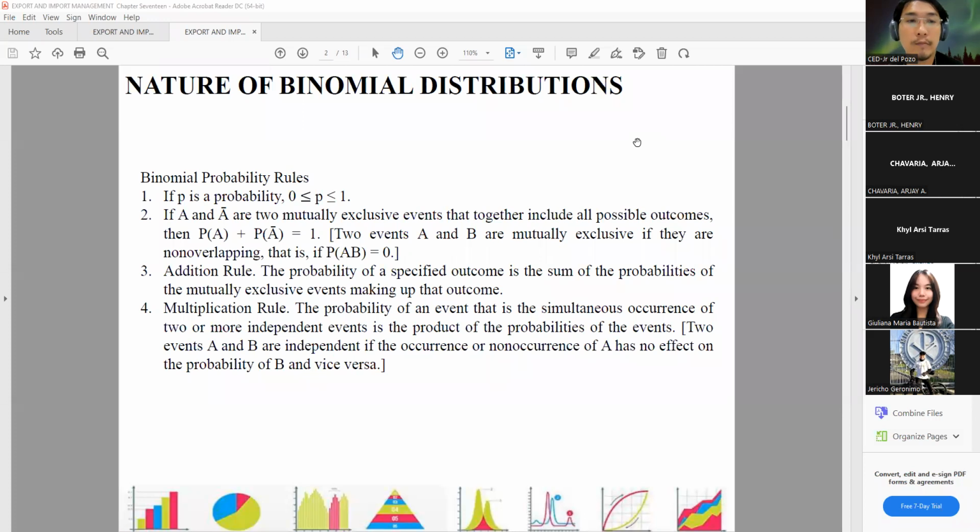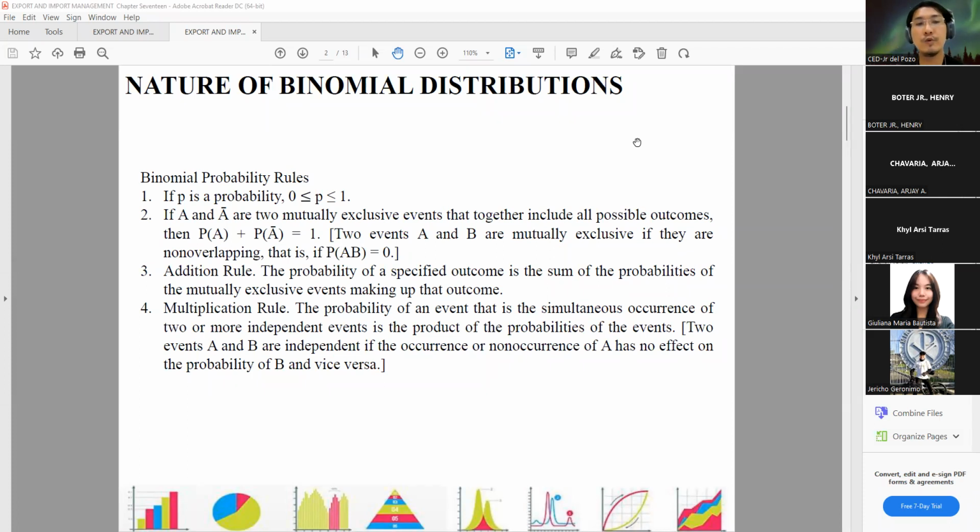If A and bar A are two mutually exclusive events that together include all of the possible outcomes, then yung sum daw nila must be equal to 1. So, two events lang ang pinag-usapan natin dito. A and B are mutually exclusive. They are non-overlapping. P(A and B) is equal to 0.